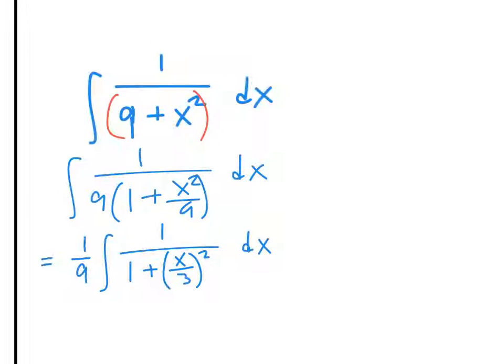At this time, it pretty much looks like an inverse tangent form, except that there's an x over 3, not an x. So what we want to do is u sub. So u is x over 3, du is going to be 1/3 dx.